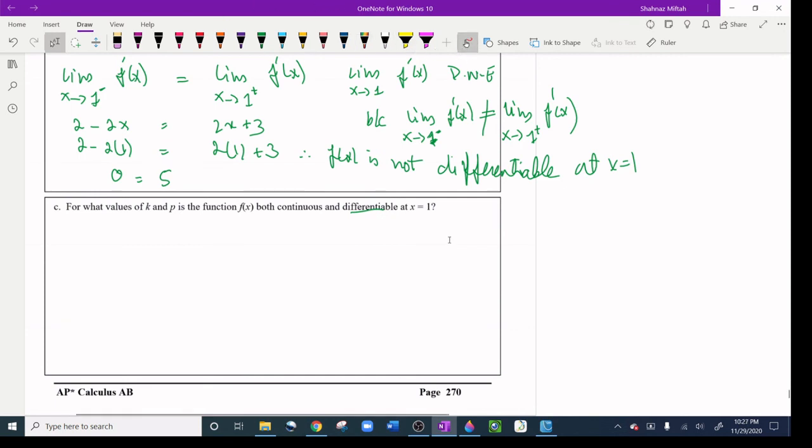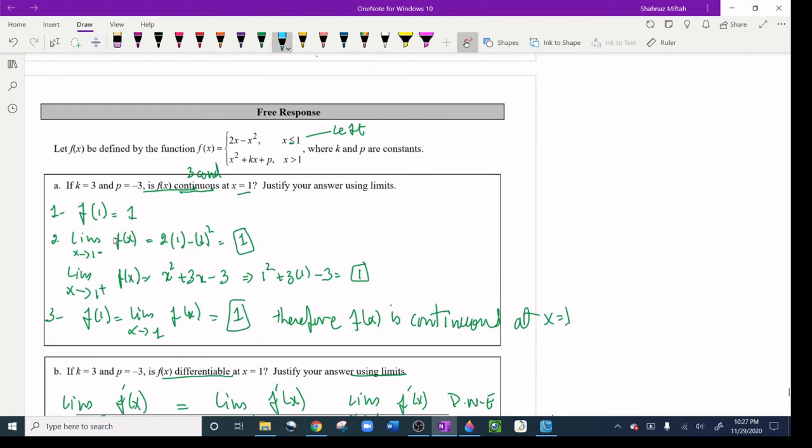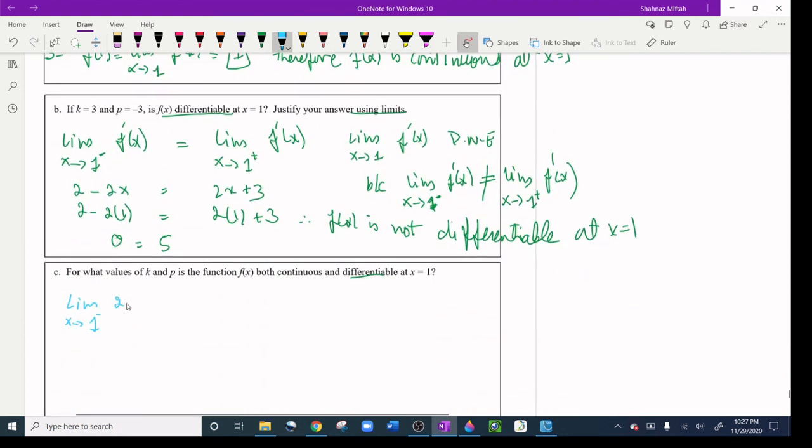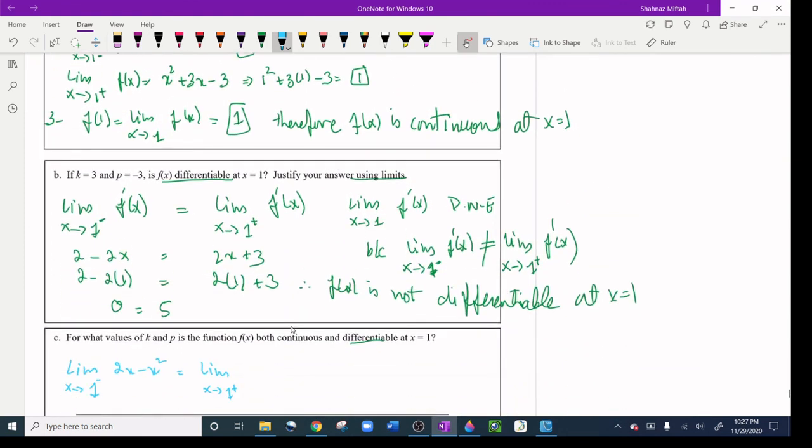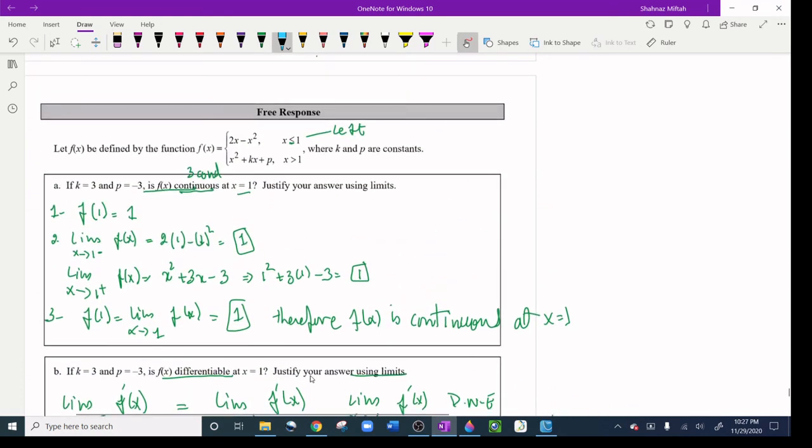Okay, for part C, I'm going to use continuity and differentiability to find k and p. For continuity, we already know the limit as x approaches 1 from the left, 2x minus x squared, equals the limit as x approaches 1 from the right, which was x squared plus kx plus p.